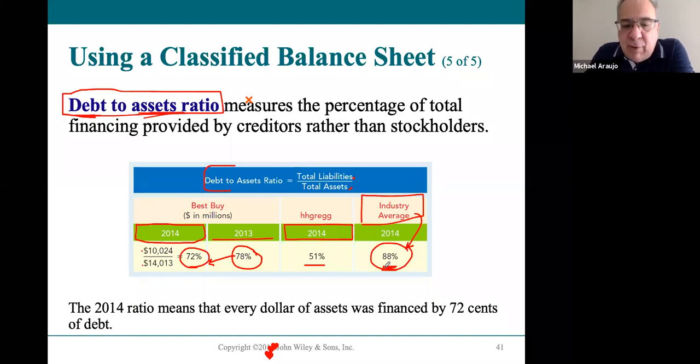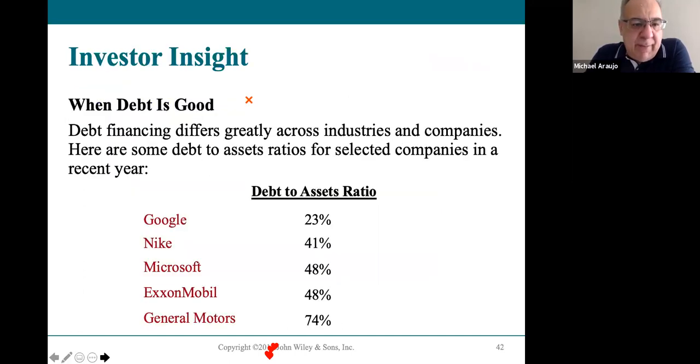They just simply have too much debt. There's no profit margin to pay the debt off and be profitable. Best Buy is improving, which is good. Right. H.H. Gregg is in very, very good shape, comparatively speaking. And so again, debt is good when it's used wisely.